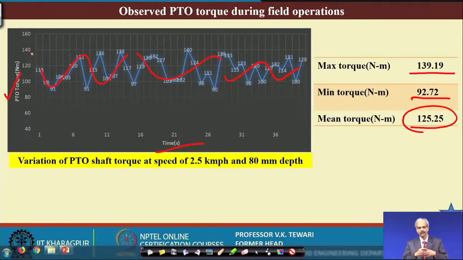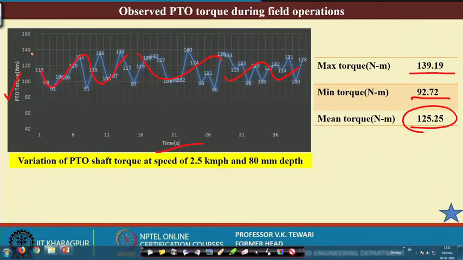Now, if you have a device by which you can compare this data, it is well and good, but we claim that this particular equipment is well in a position to be tested anywhere in the world, the way we have done for the tractor axle torque.